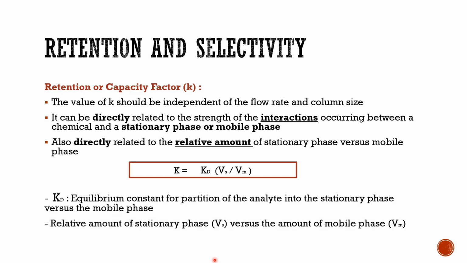So here we have a measure of the equilibrium constant for partition of the analyte into the stationary phase versus the mobile phase. Here Kd is the equilibrium constant, and Vs over Vm is the relative amount of stationary phase over the amount of mobile phase.